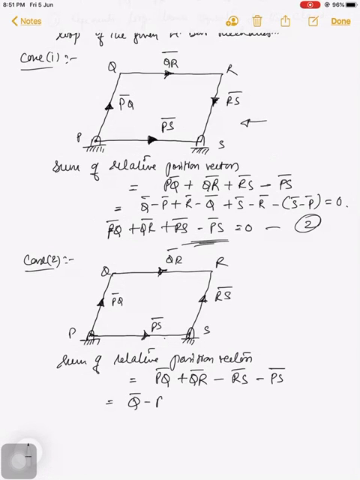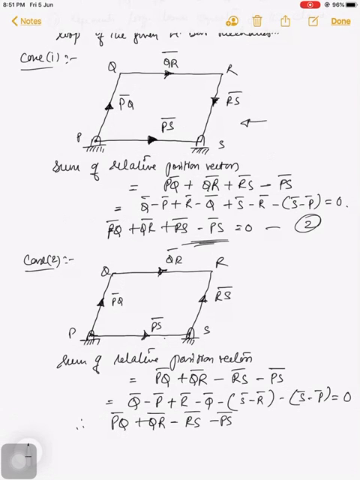That can also be written as Q minus P plus R minus Q minus of S minus R minus S minus P. And as per our loop closure equation, the sum of relative position vectors will be equal to 0. Therefore, the equation here becomes PQ plus QR minus RS minus PS is equal to 0.